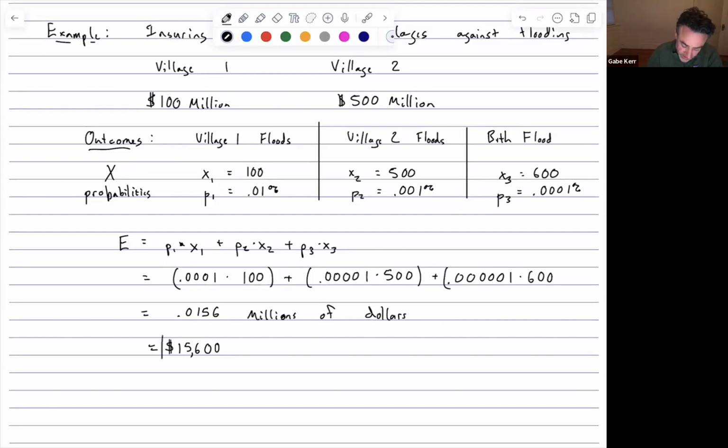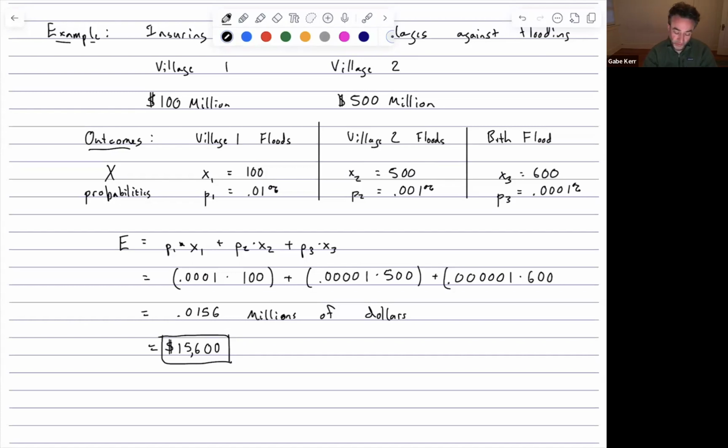So how does this help you? Well, if you're trying to price these policies, you would want to say we should price it so that both villages together are at least paying this amount every year, because over the long term that will allow us to pay for this policy.